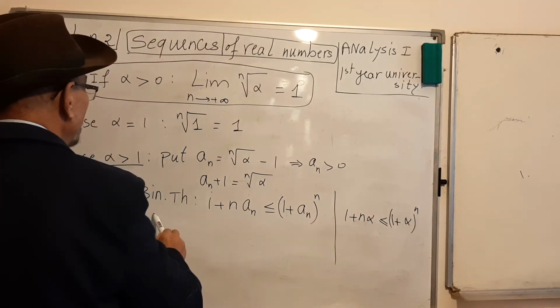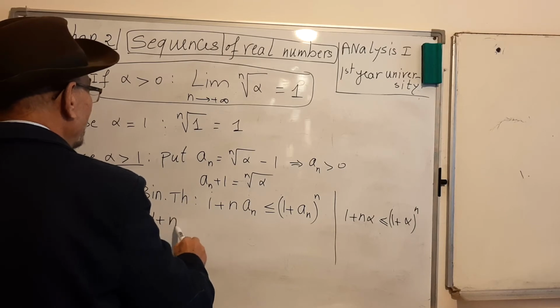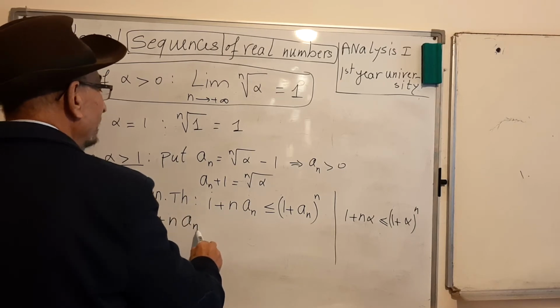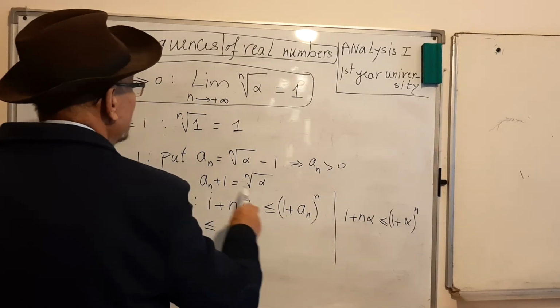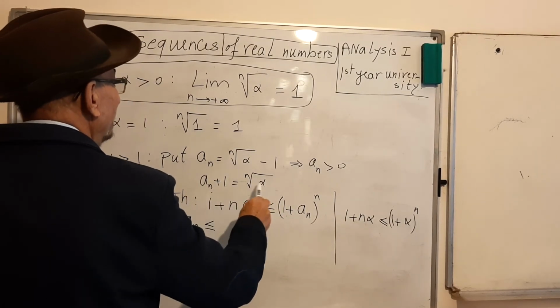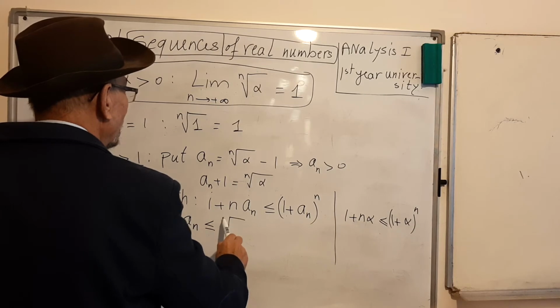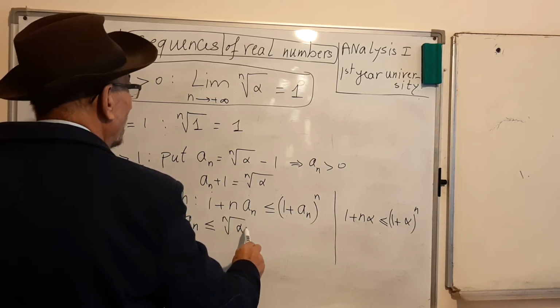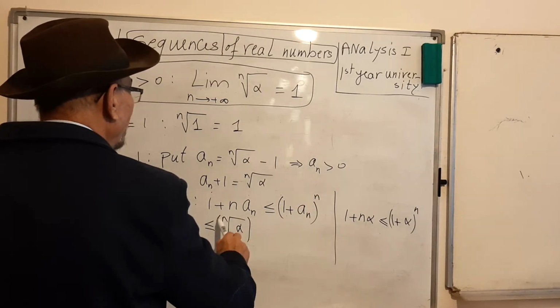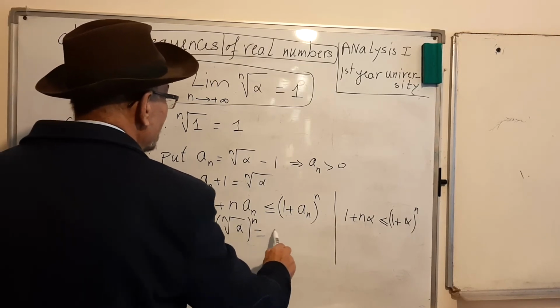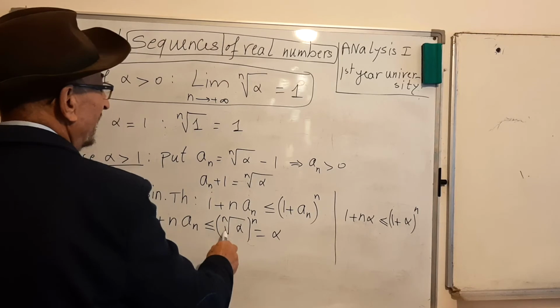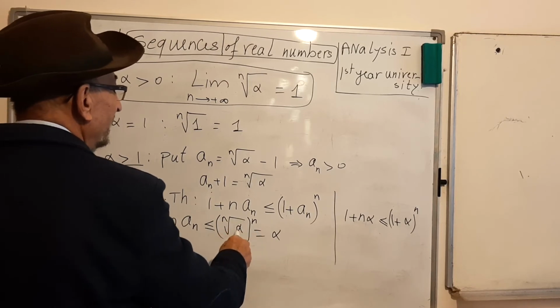So 1 plus n an is less than or equal to (1 plus radical n of alpha) to the power n, which is equal to alpha. Radical n to the power n is alpha.